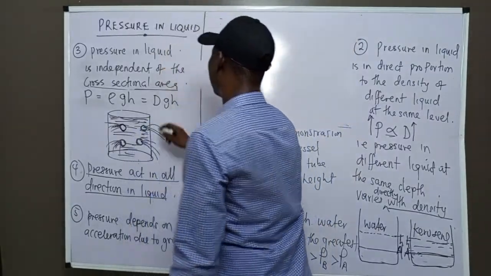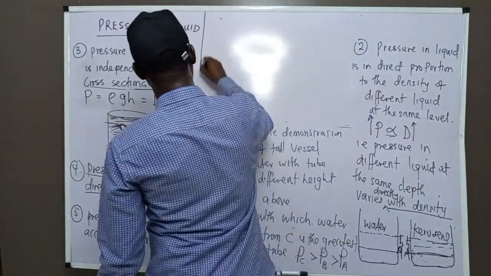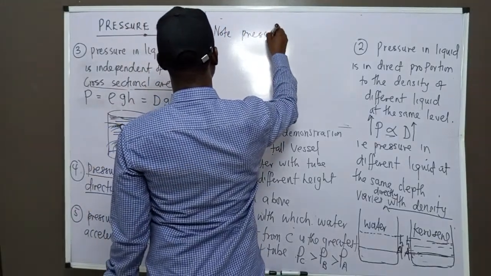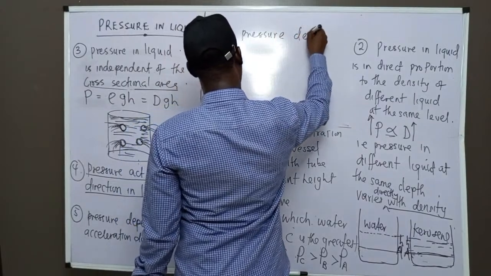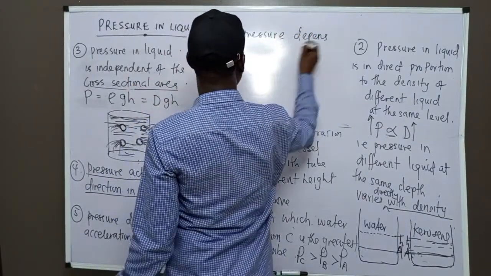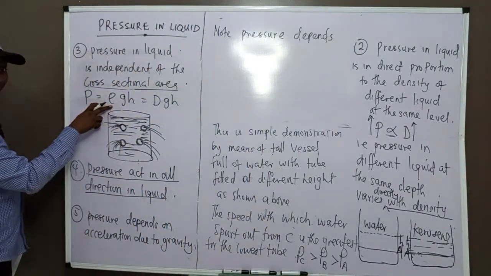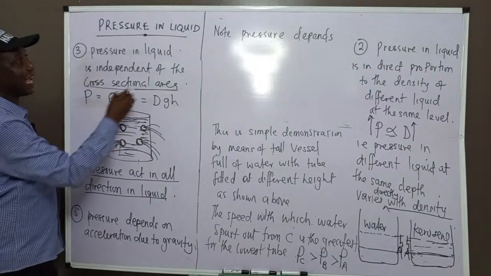Note that in summary, pressure depends on number 1. What is number 1 that you can see from the formula? Density.